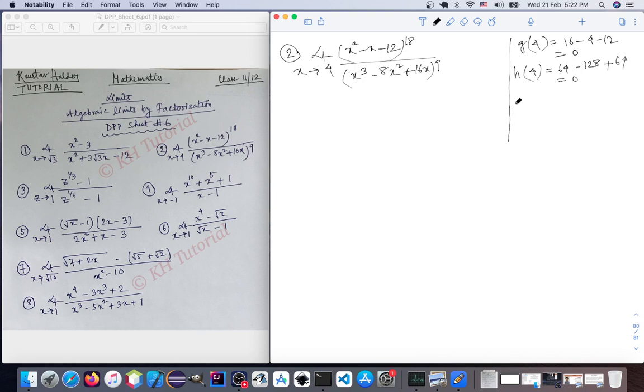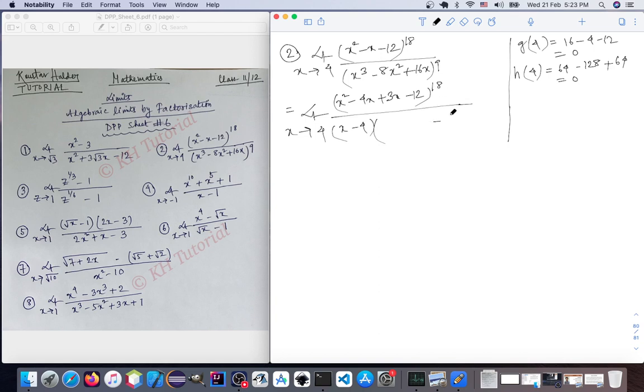So we will have x minus 4 as a factor from both numerator and the denominator, and we need to factorize them. So x square minus x minus 12 is (x minus 4)(x plus 3), and over here if we take out the x minus 4, we have 16x over here.